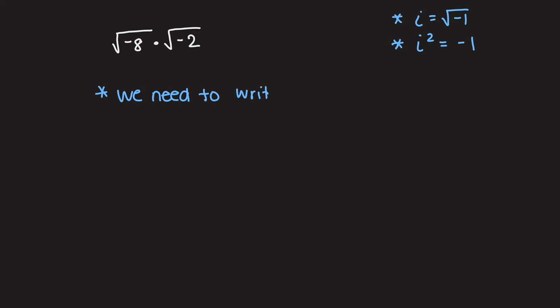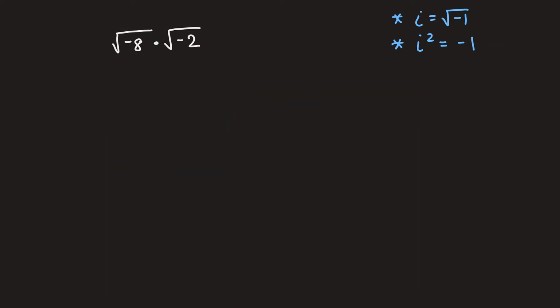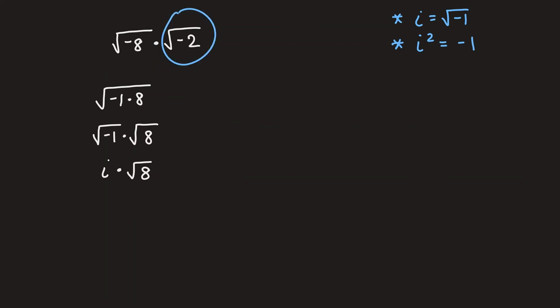We first need to write each radical in terms of i before multiplying. So we can write the square root of -8 as i times the square root of 8, and the square root of -2 as i times the square root of 2.